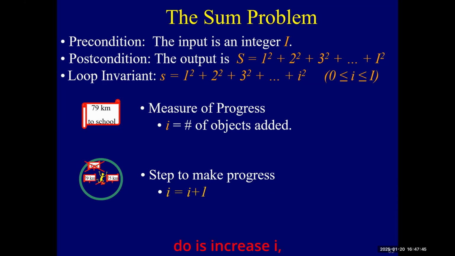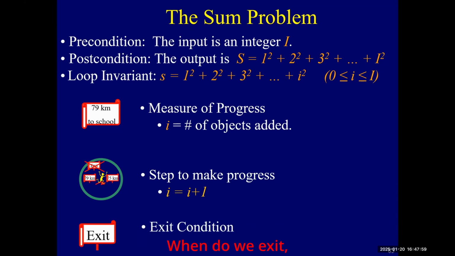All you have to do is increase I, right? There, we increased it. According to our measure of progress, we made progress, right? All right. When do we exit, right? Well, probably something like that, but I say don't worry about it right now.